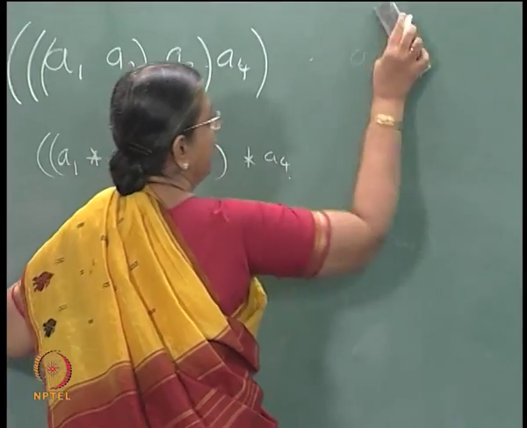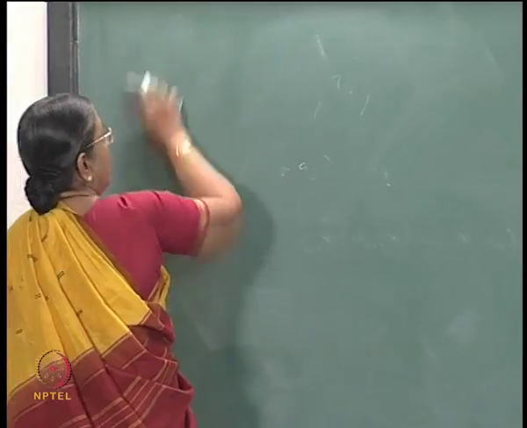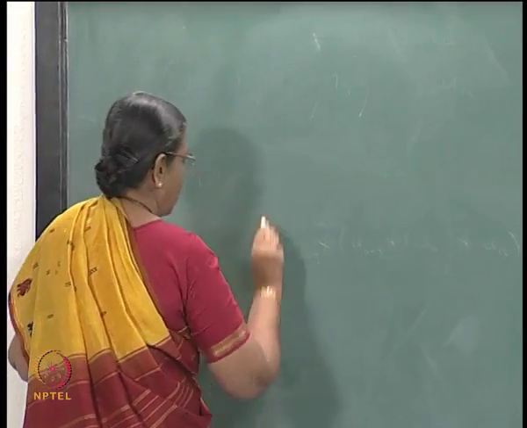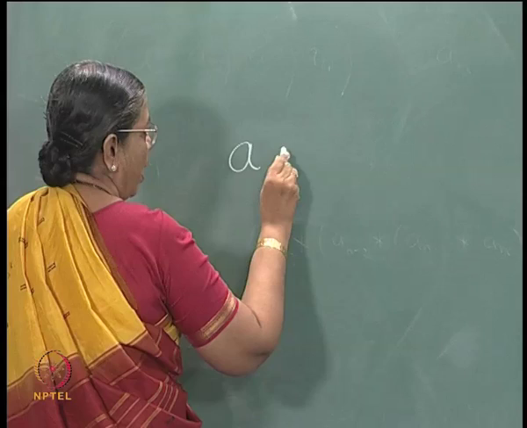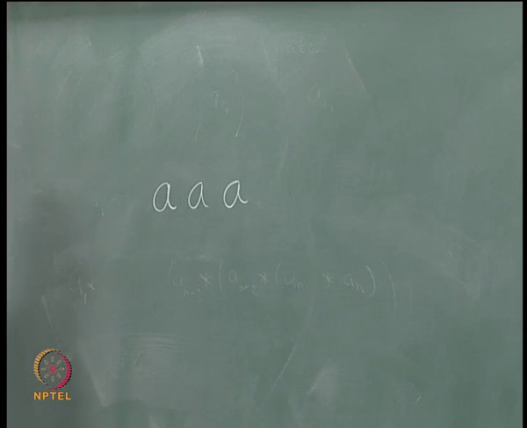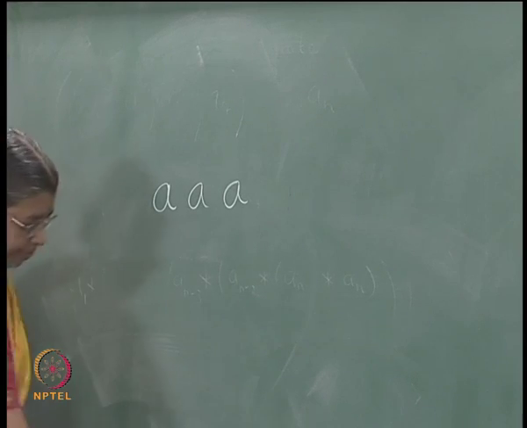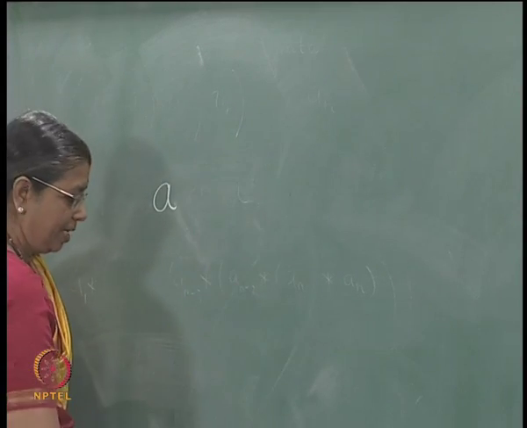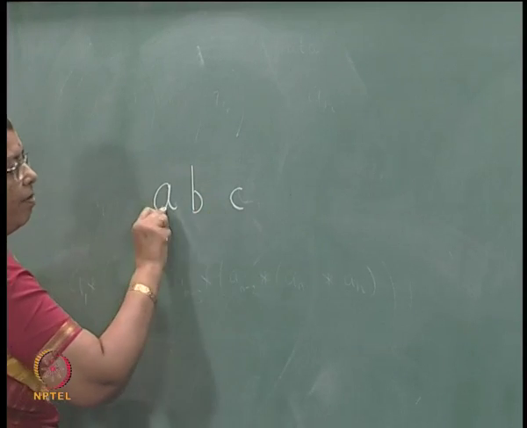Now, what sort of strings will have the same value when evaluated from left to right or right to left? For example, take one string, A. Whether you evaluate A, it gives only A. So, whether you evaluate from left to right or right to left, it gives the same value. So, it has to be accepted. Now, suppose I have ABC, what will happen? Let me check. What is AB?